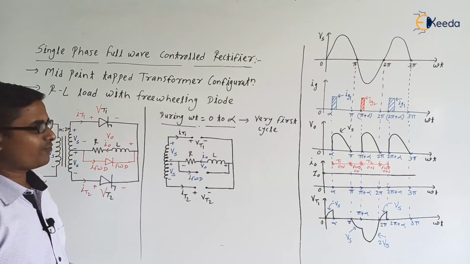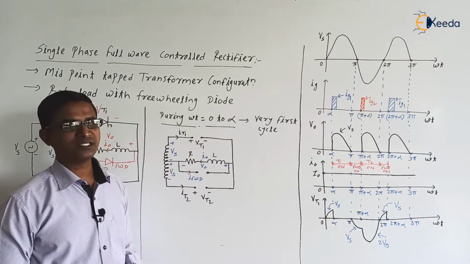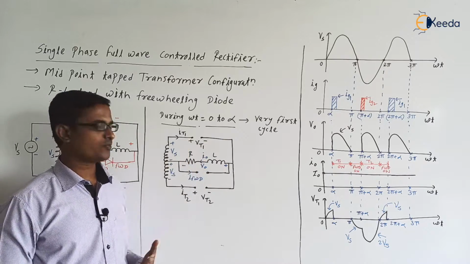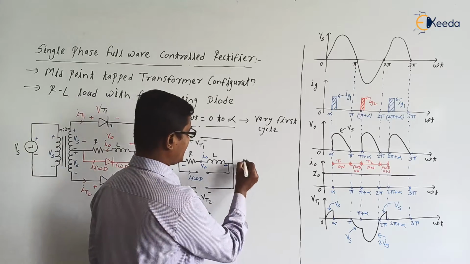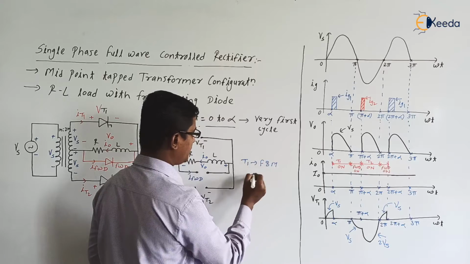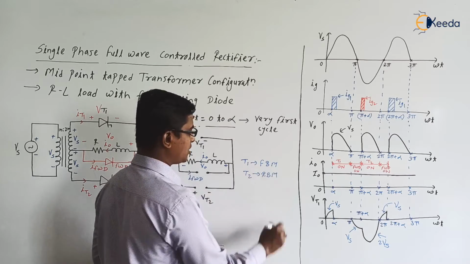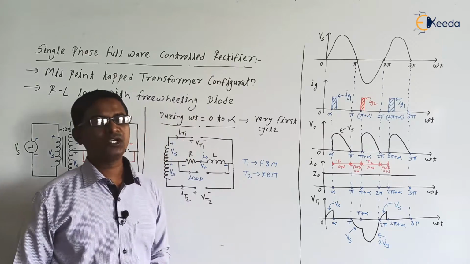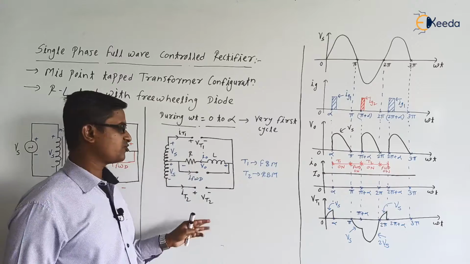From 0 to alpha, thyristor T1 is in the forward bias mode, but we have not applied the gate signal, so T1 will be in the forward blocking mode. What about T2? T2 will be in the reverse blocking mode. So both the thyristors will be in the open state.